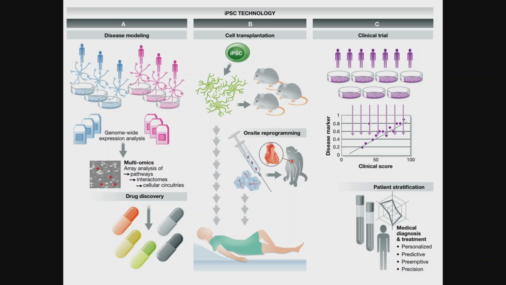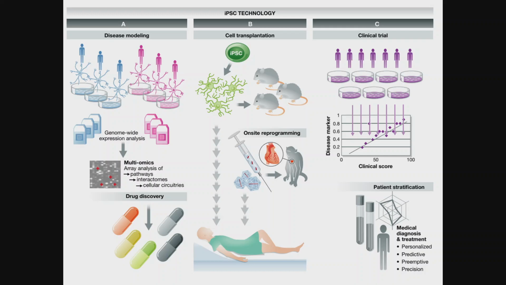So this also gives us a tool for research, and gives us hope that if you have a mutation that can be corrected, then you get your own cells. And of course, it also helps us with the clinical trials. One of the main barriers we have when we are trying to discover new therapies and new drugs is that many things work in mice, but then when you try to go back to humans, it doesn't work.